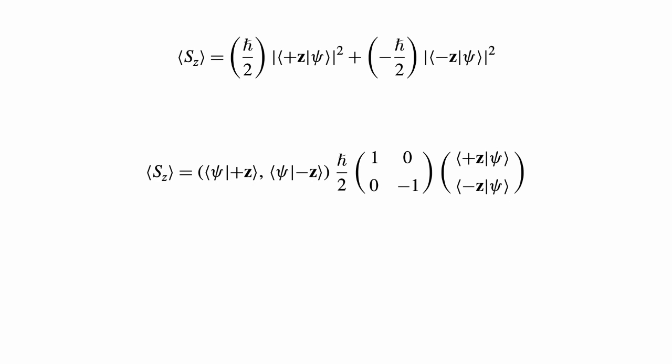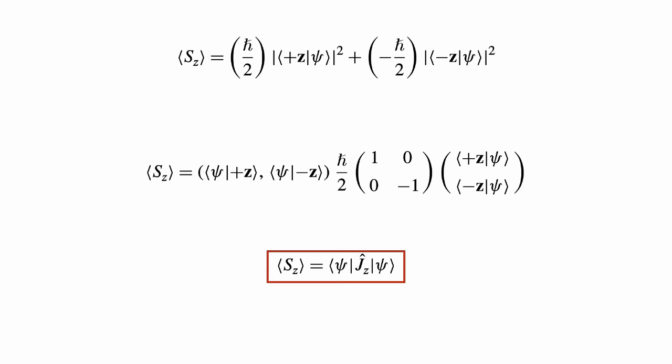Now, we could also write the same value in a matrix form. So we have a row vector, which is the representation of the bra psi, then a matrix, which is the representation of JZ, and then the column representation of the ket psi. In fact, it's exactly what we need.